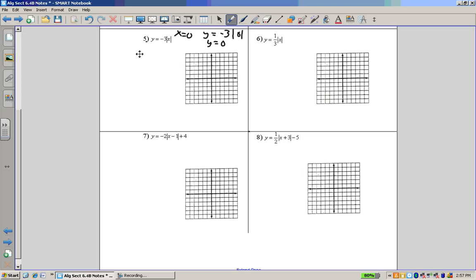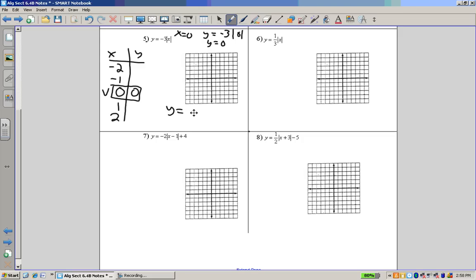So my vertex is 0, 0. I'm going to go up 1, up 2 from that x coordinate of the vertex, down 1, down 2 from the x coordinate of the vertex, and let's see what happens.